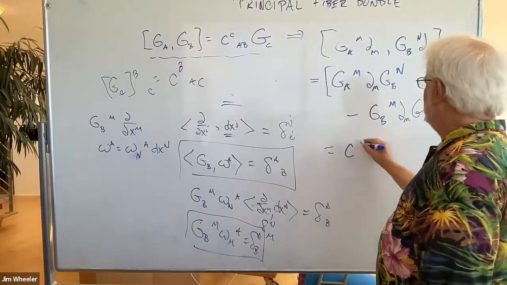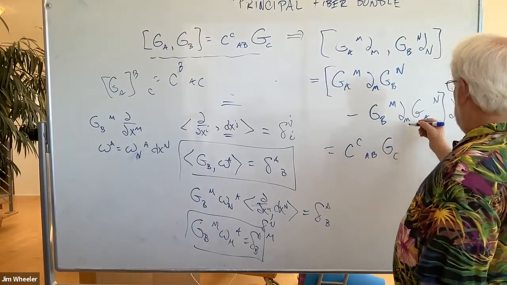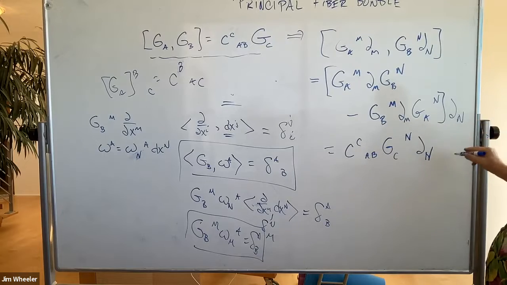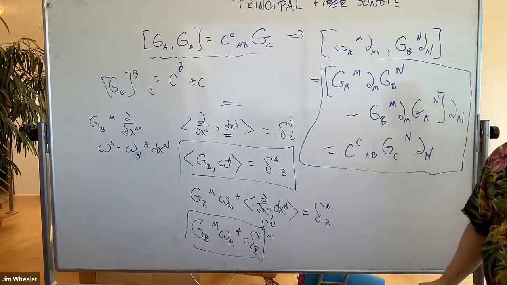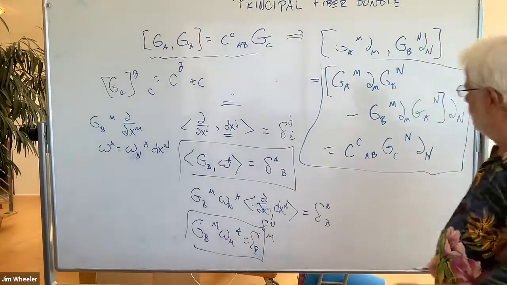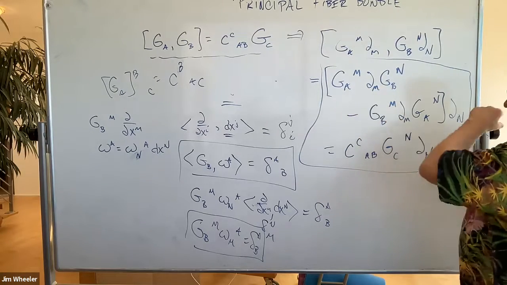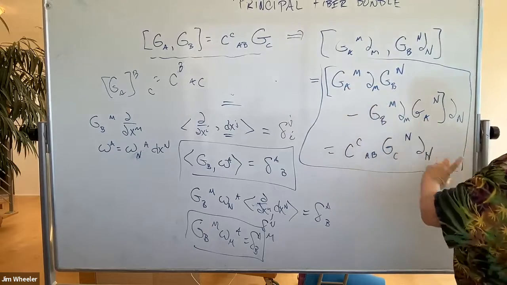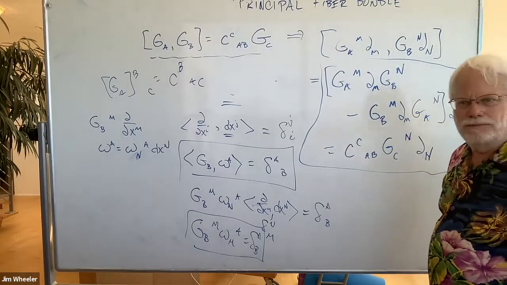This is the coefficient of some vector, and in fact it's C^C_AB G_C^N partial_N. So this becomes the Lie algebra written in painfully explicit vector form. I can take off these basis vectors, and now I have sort of a Wronskian thing on the G's. This G times the derivative of that minus the other way around is linear in those coefficients.